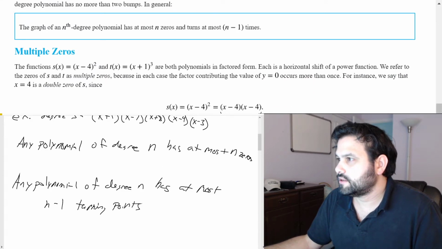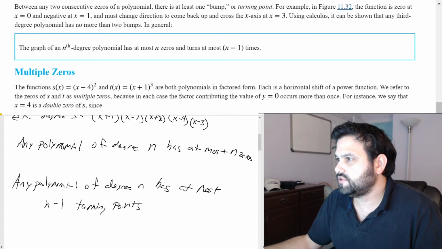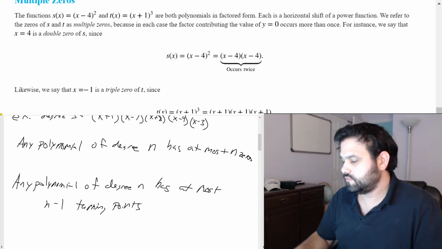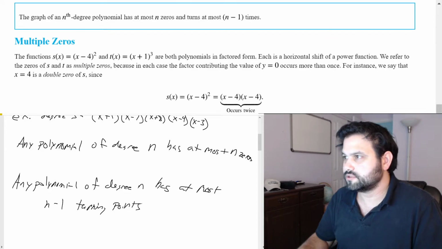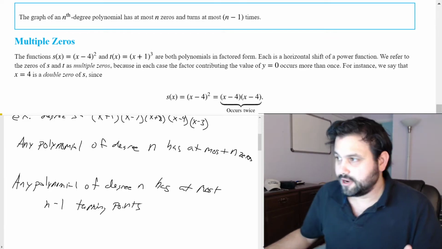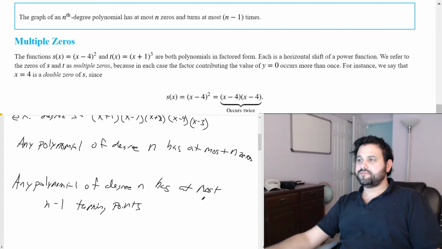Now, how could we have fewer? Well, we have something called multiple zeros, which I call multiplicity, right? So if we take a look at this here, in the function s of x equals x minus 4 squared and t of x equals x plus 1 cubed, they're both polynomials and they're both in factored form.